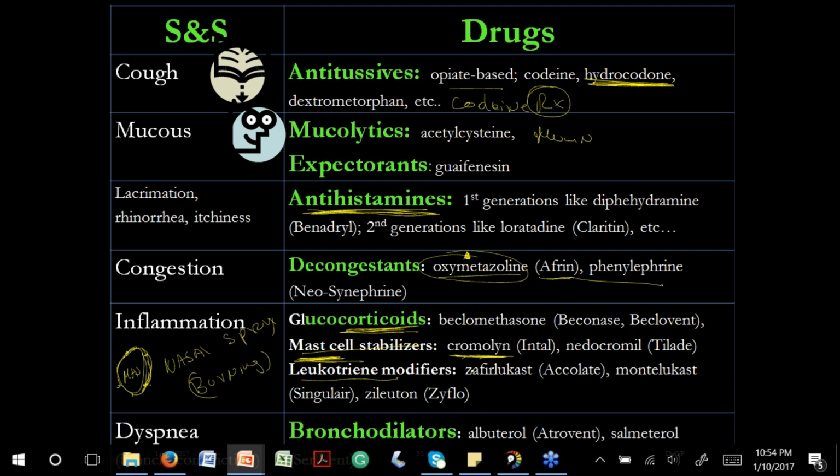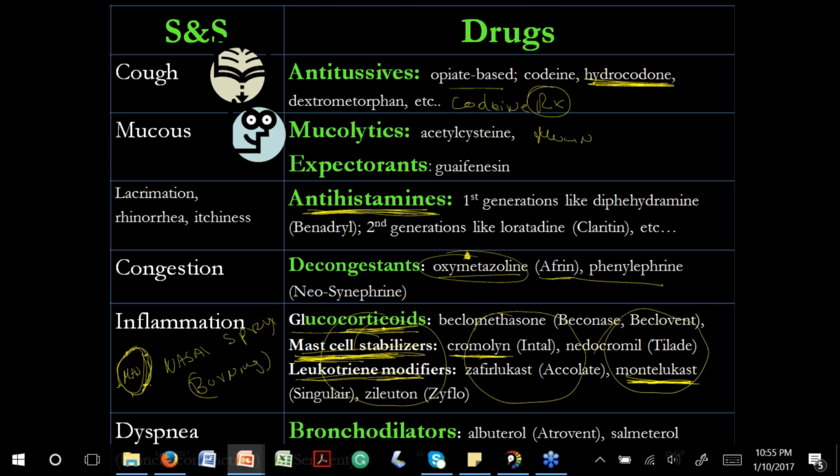Leukotriene antagonists: montelukast is the most common. All of these are used for long-term treatment, to prevent. If you use mast cell stabilizers or leukotriene antagonists for an acute episode, they're not going to make any effect.